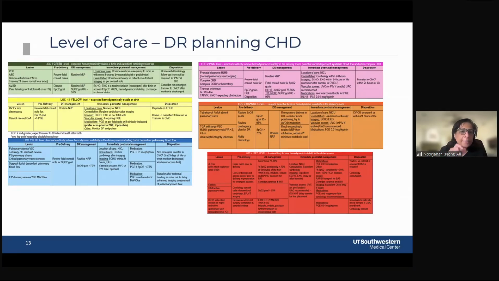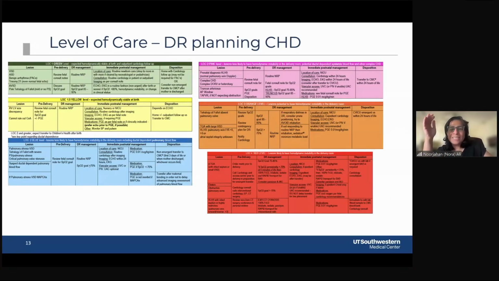I don't know if you guys can see, but for the delivery room management, we just said, follow the routine NRP. Here, if you have a pulmonary atresia, VSD, expect your SAT goals greater than 75. And then we talked about immediate postnatal management.